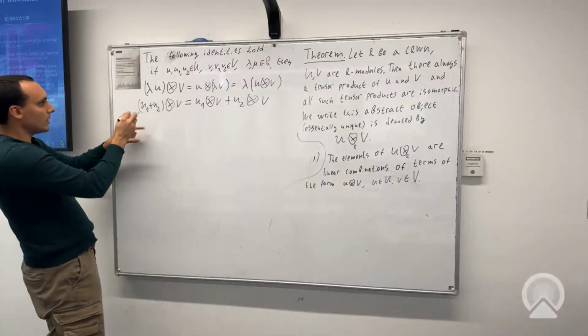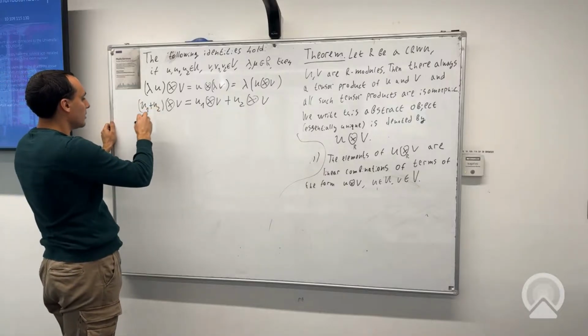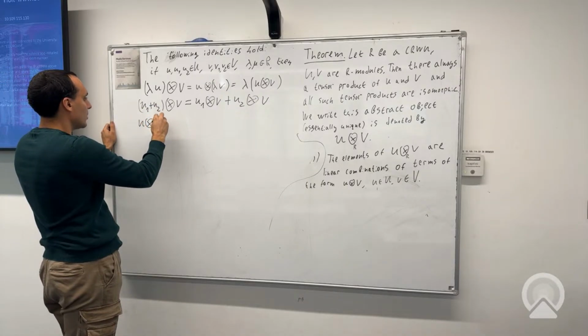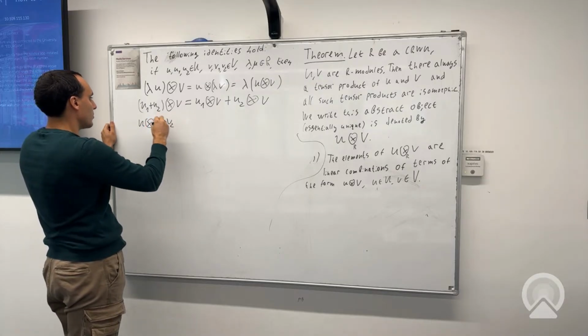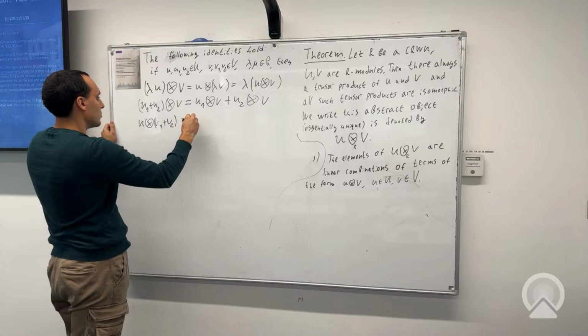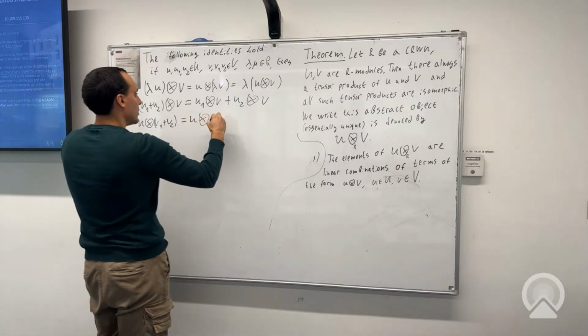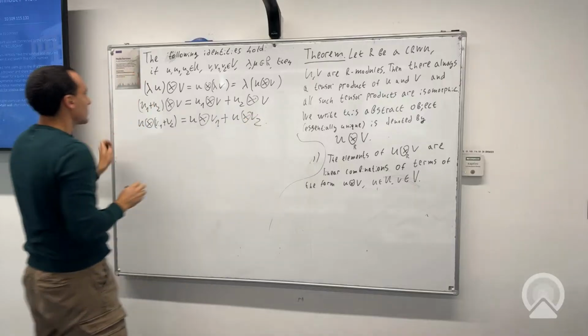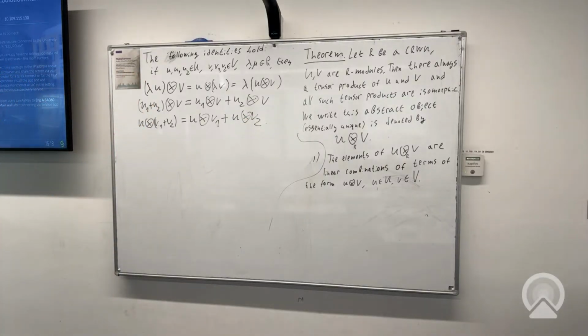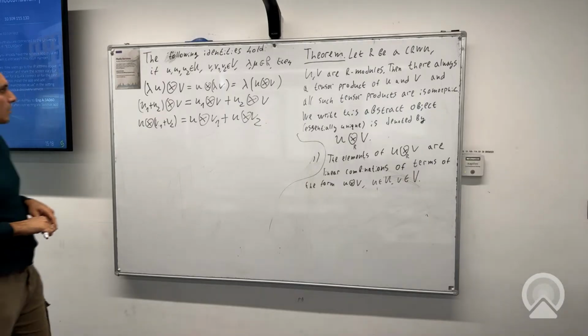There is the other direction: u tensor (v1 plus v2) is equal to u tensor v1 plus u tensor v2.